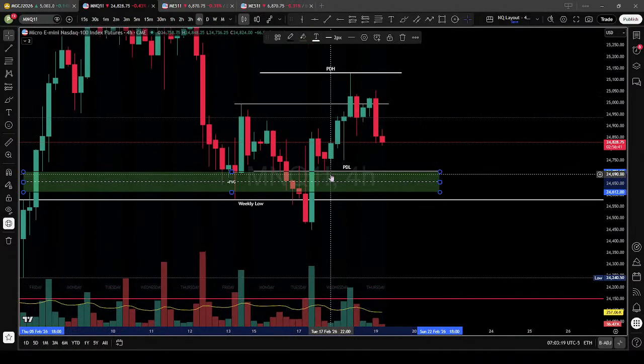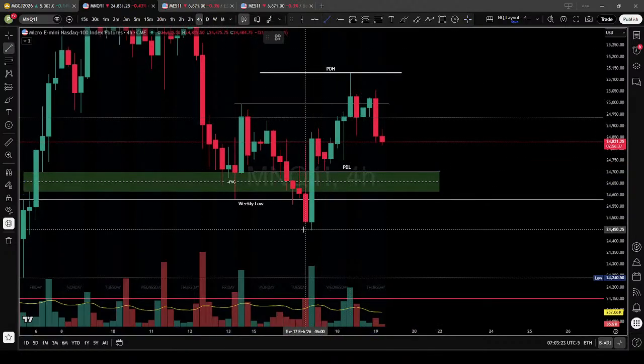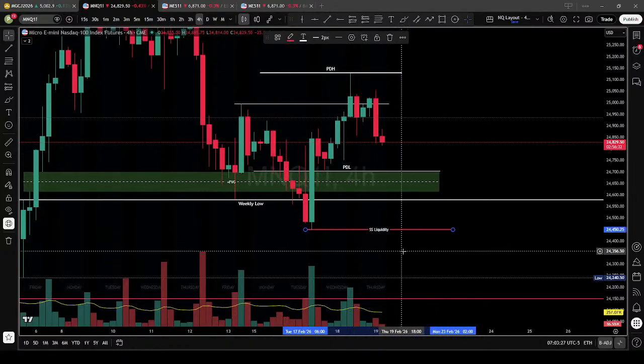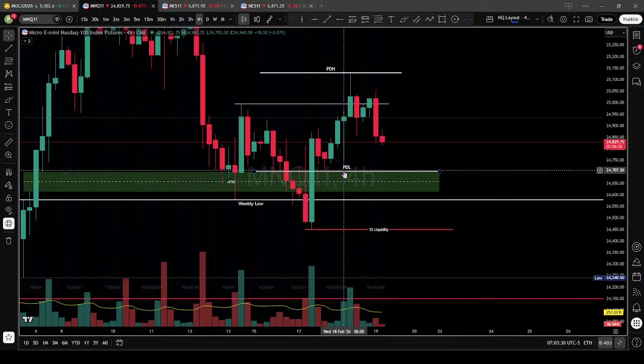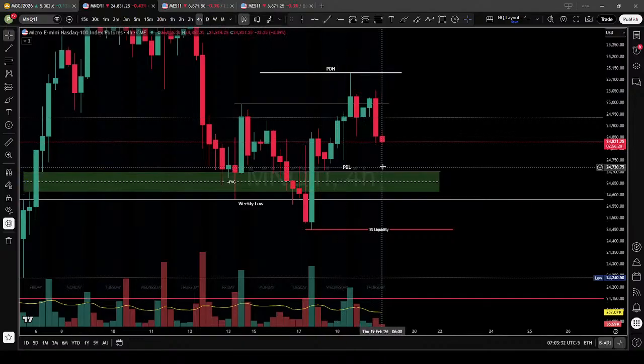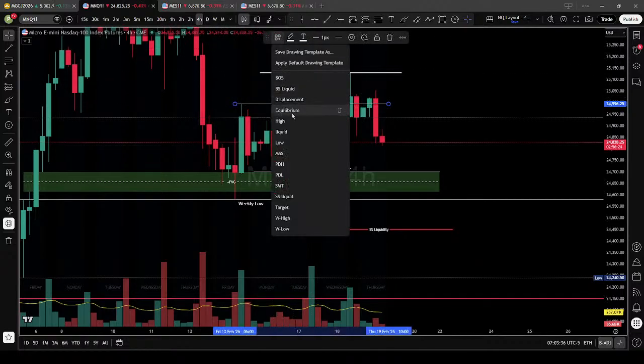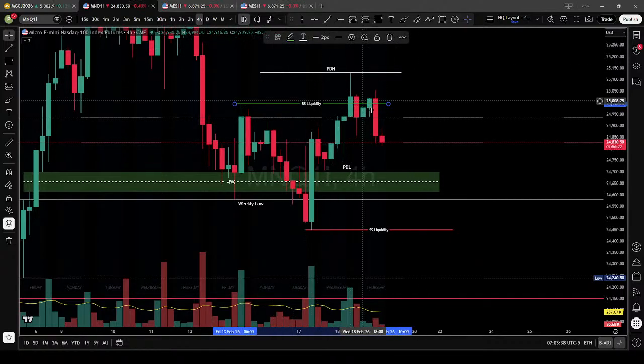So where are the swing lows? Previous day low is one of the swing lows. This low here, 24,450, is one of the sell side liquidity levels on a 4-hour time frame. Now this was buy side liquidity that has been tapped and it has been reversed.